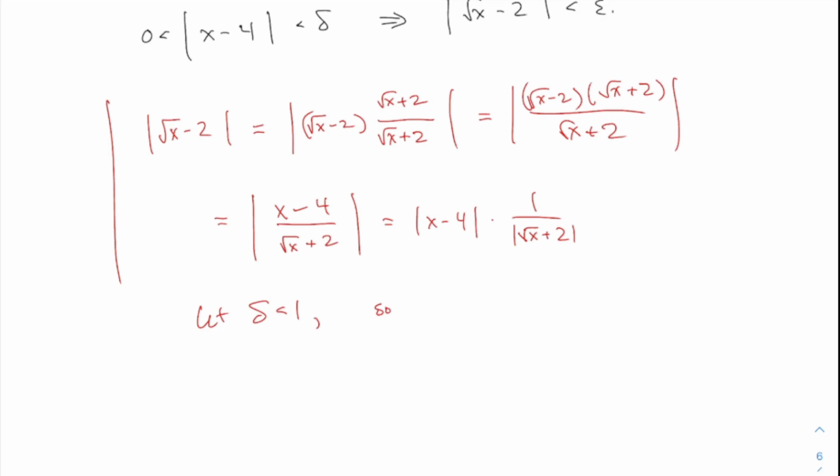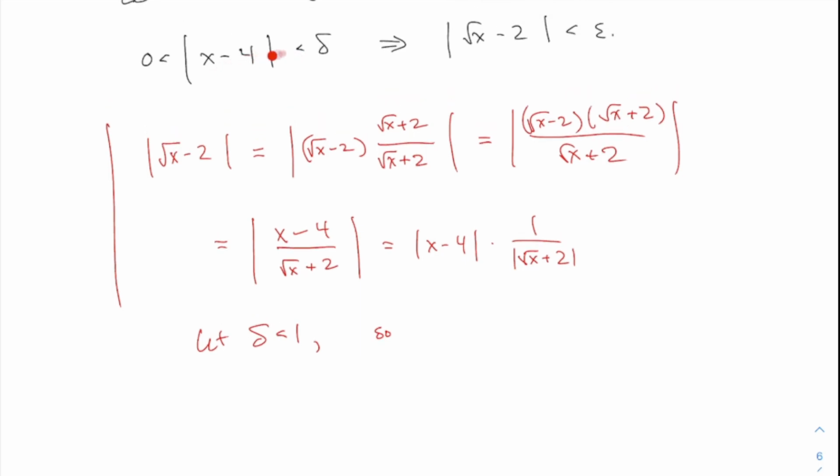That means delta is how far away x is from 4. So if x is within 1 of 4, that means it's between 3 and 5, right? Basically what you do is you plug one or the other of these numbers in for x here. Is it the 5 or the 3 that I should use? It's the 3.